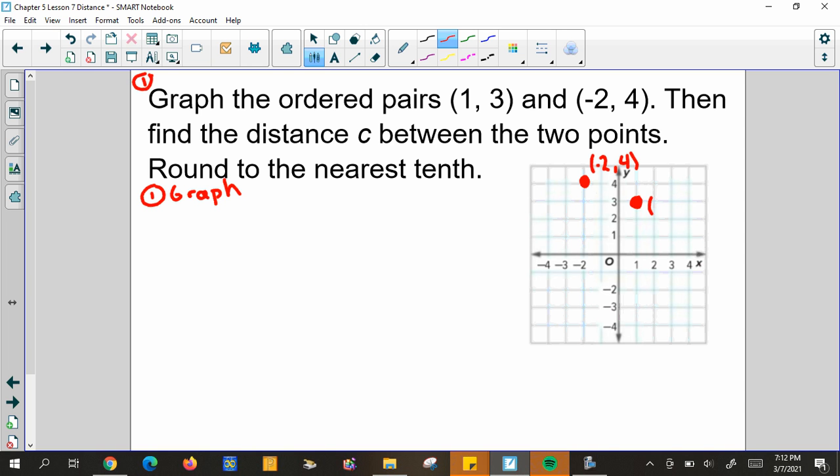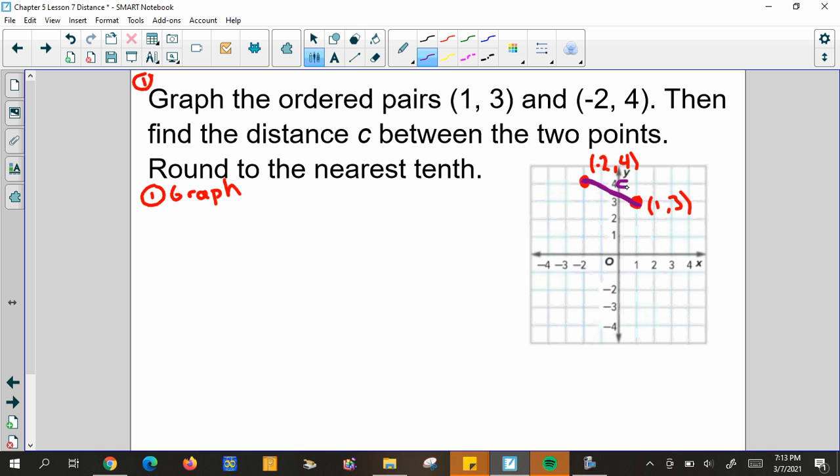I'm just going to label them so you see which is which. The distance between them would be the straight line that goes from one point to the other, which I have marked in purple. And we're being told that that distance will be C.